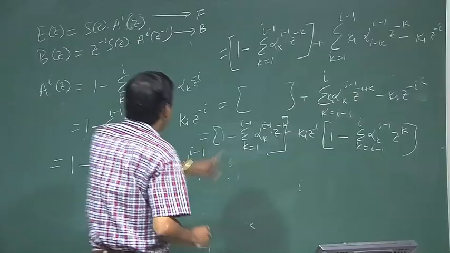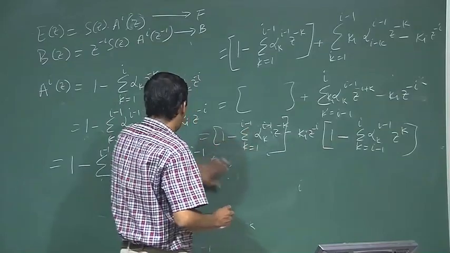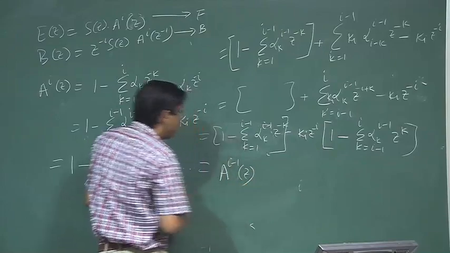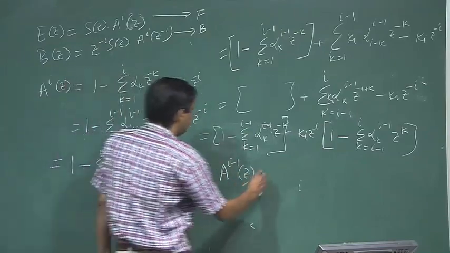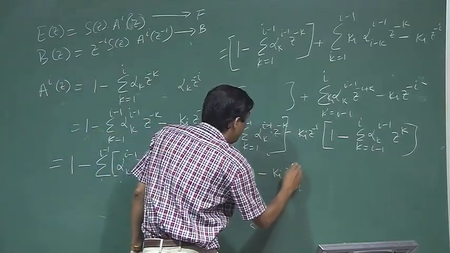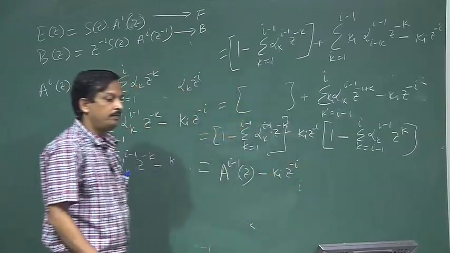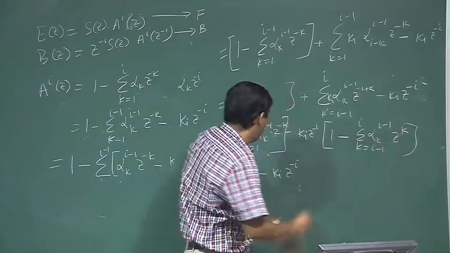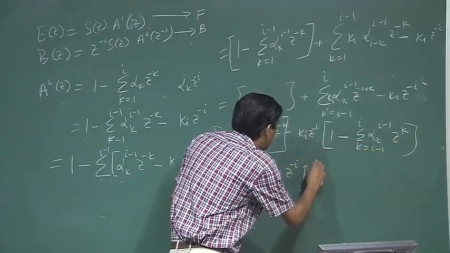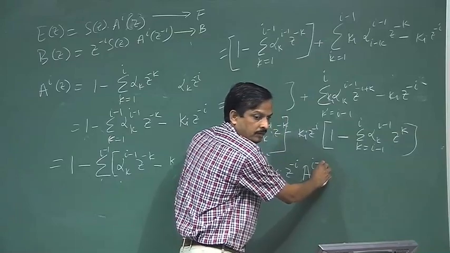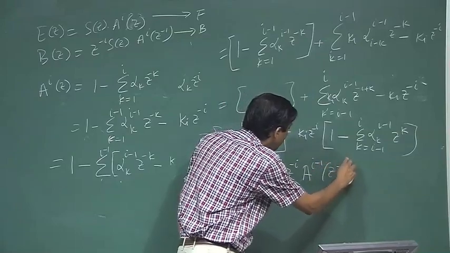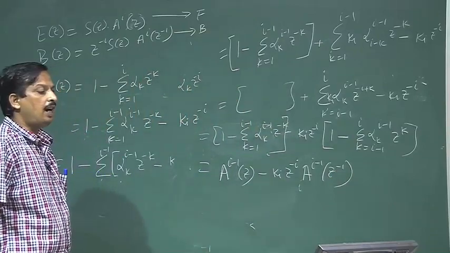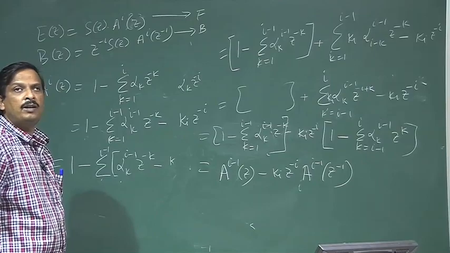If I say this is the i minus 1th order predictor, then I can say this is A i minus 1 z, minus k i z to the power minus i, into, since it is z to the power plus k, A i minus 1 z to the power minus 1.